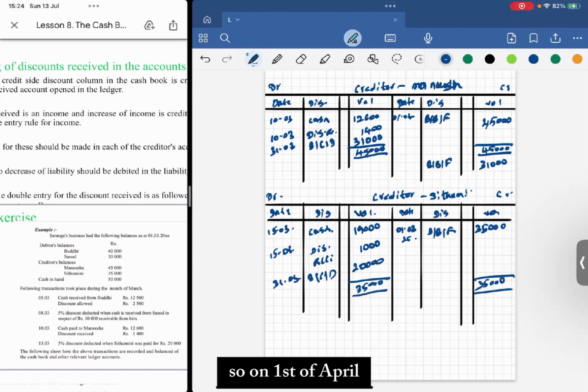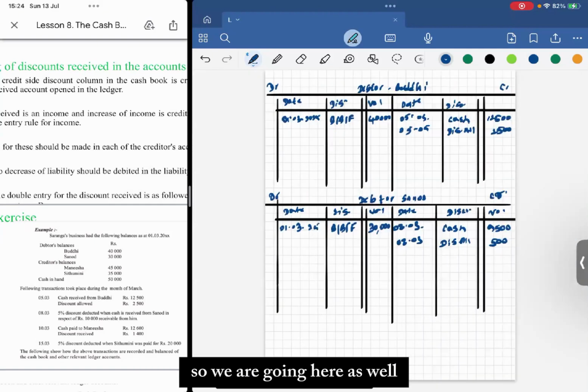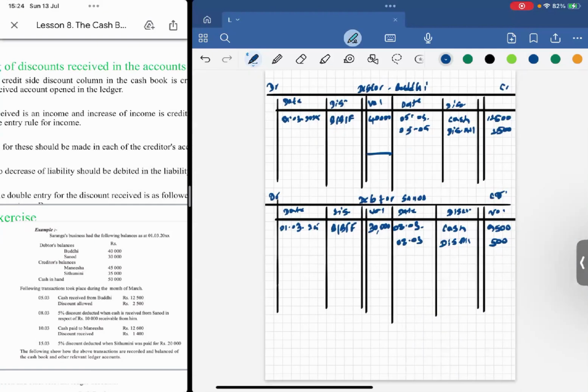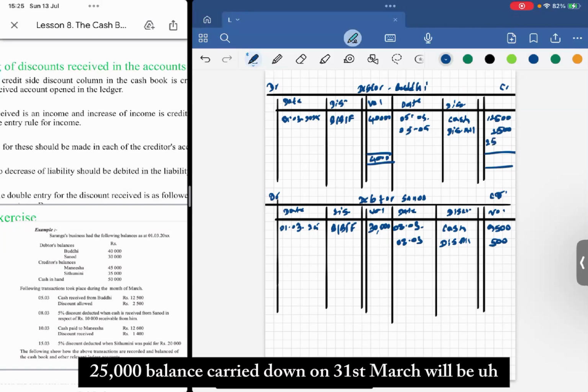So on 1st of April, balance brought forward will be 20,000. So we are going here as well. It's 40,000. 15,000, that will add up to 25,000.